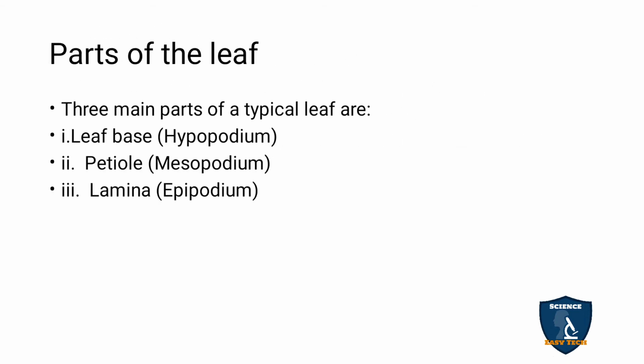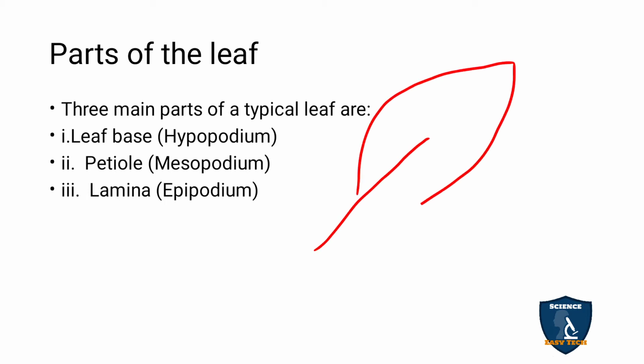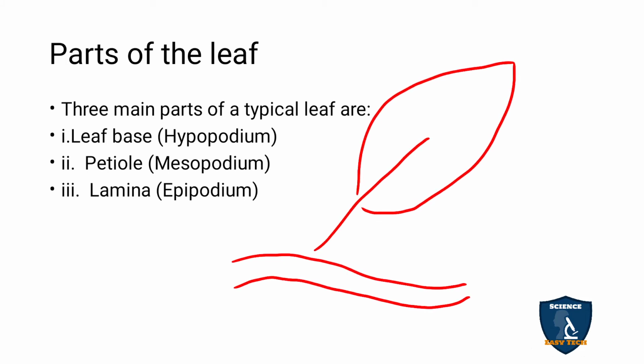Parts of the leaf. As we have discussed, the leaf is divided into parts. Think this is a leaf, okay? And this is the portion where the leaf arises from the stem. As we have discussed about the base, it is called the leaf base, which is technically known as hypopodium.